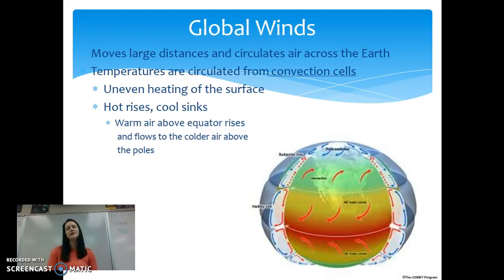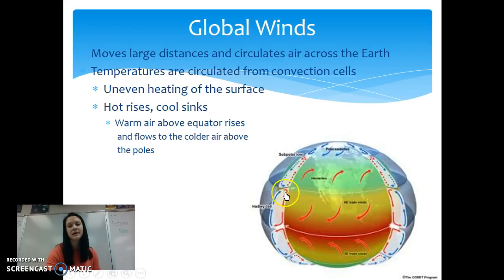Okay, so there's really two different types of wind systems. First, we're going to talk about global. So global, it moves on a much larger scale, moves very large distances and circulates across the whole Earth, since it's global. The temperatures are going to be circulating from convection cells.